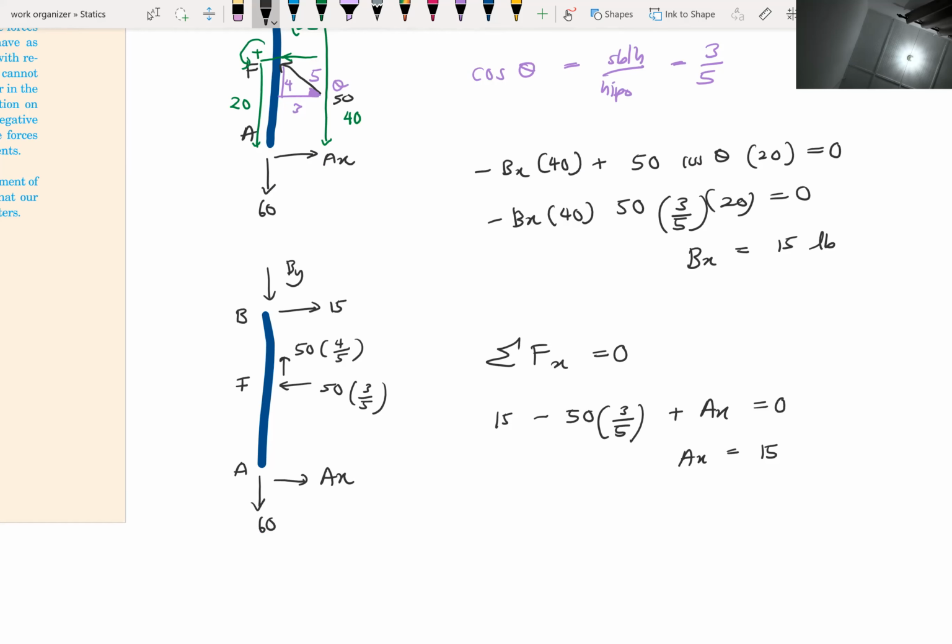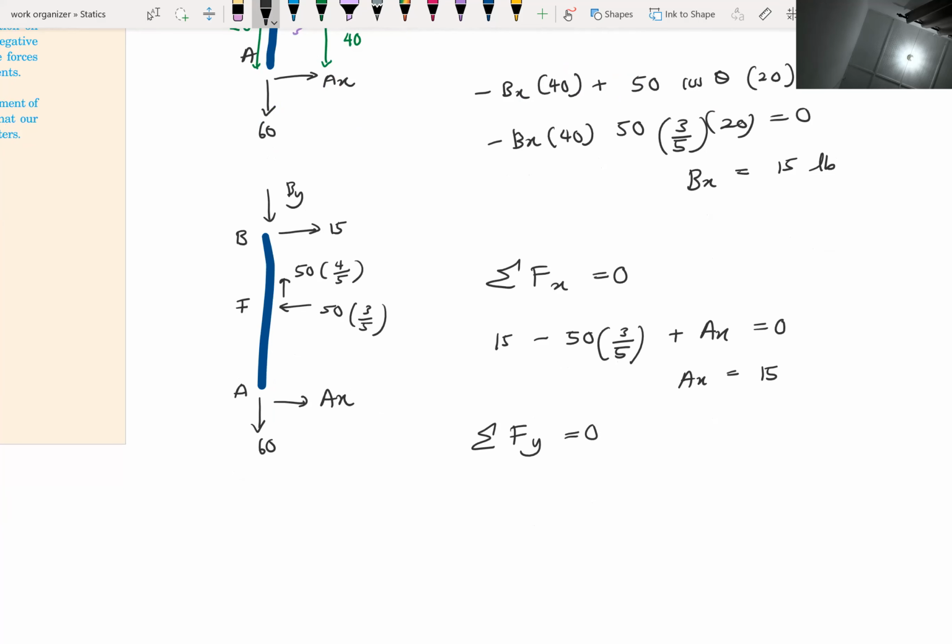Now we do summation of forces at y-axis equal to 0. So we have negative By, and then we have positive 50, 4/5, and then minus 60 equal to 0.